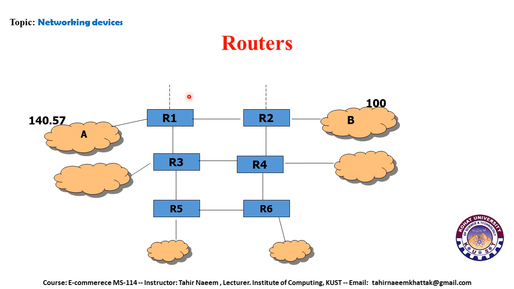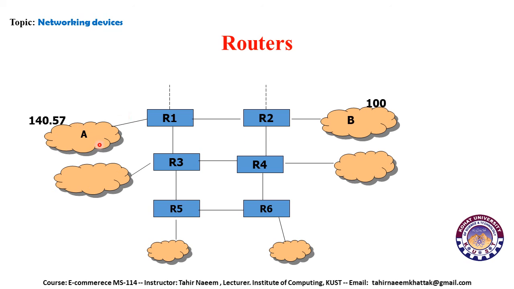Here is a typical example of a network 140.57, and there is another network 100. A machine A in 140.57 wants to send data to a machine B in network 100.